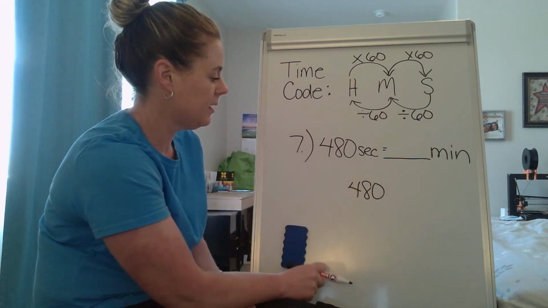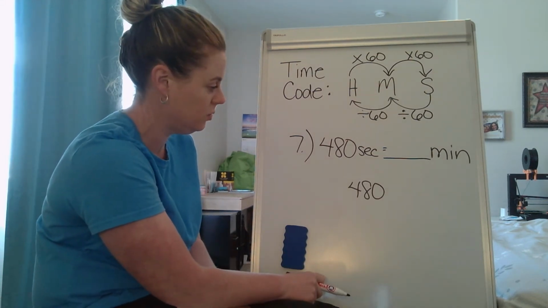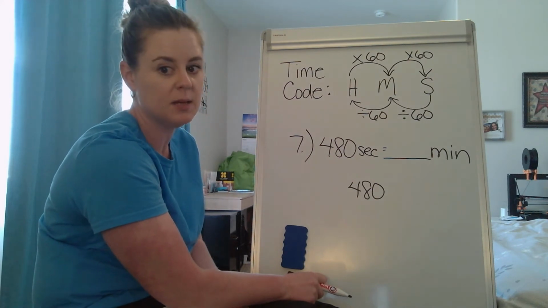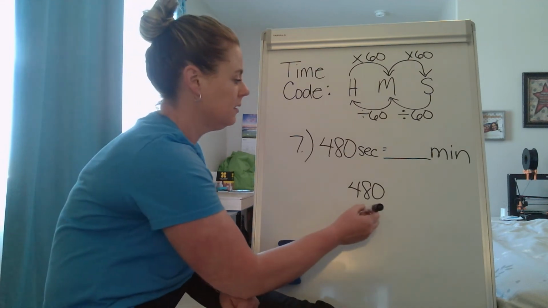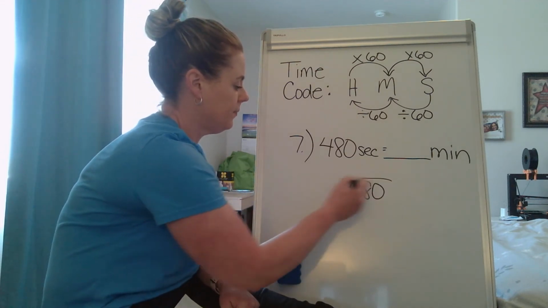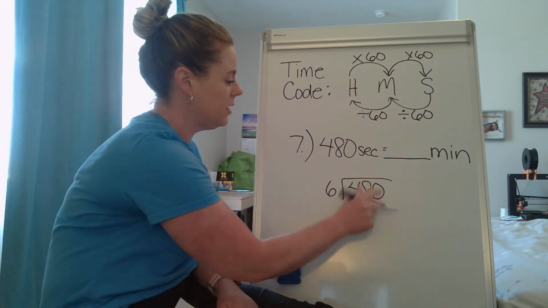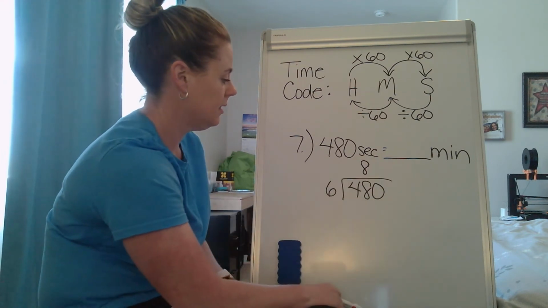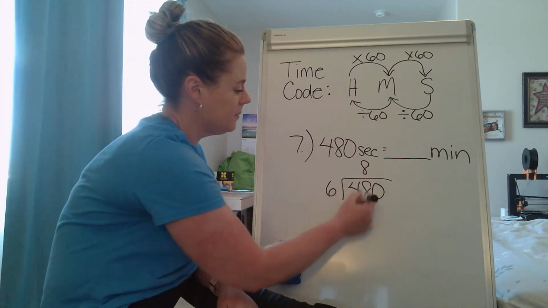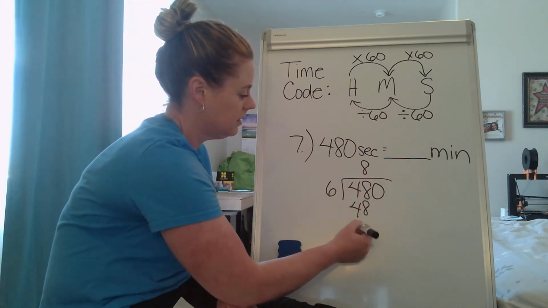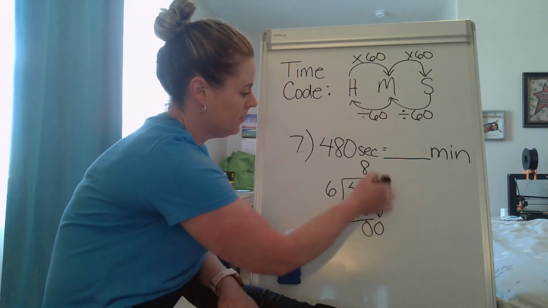So 7 times 6 is 42. So 6 times 8 is 48. Right? 6 and 8. So if we looked at it this way, we drop that 0. 6 goes into 48 8 times. So 6 times 8 is 48. So we subtract 0, bring down the 0, 0.